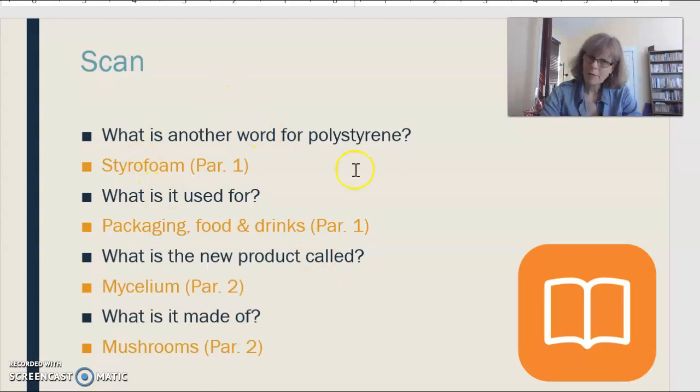So styrofoam, polystyrene, that's the old product. Something new is introduced. It's called mycelium. I saw that in paragraph 2. And they said that's made of mushrooms, of the roots of mushrooms. So hopefully you were able to find quickly just this basic information.